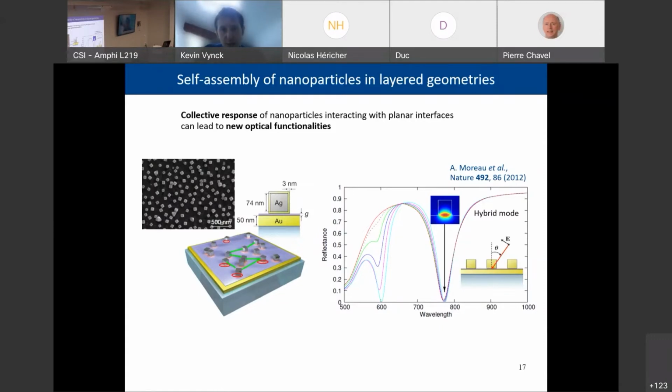But when you place the nanocubes on top of the surface and when they have a specific dimension, you can see in the reflectance spectrum of the surface that almost all the light is absorbed at a very specific wavelength and for all angles of incidence. And this functionality, which is new, is due really to the interaction between the nanocube and the metallic substrate that is forming a hybrid mode, which is strongly absorbing light. So this is an example where the interaction of the particle with the substrate can be exploited for a new application or a new functionality.